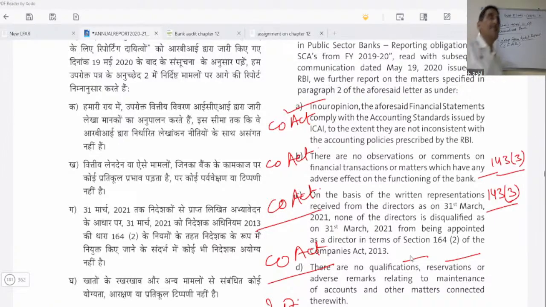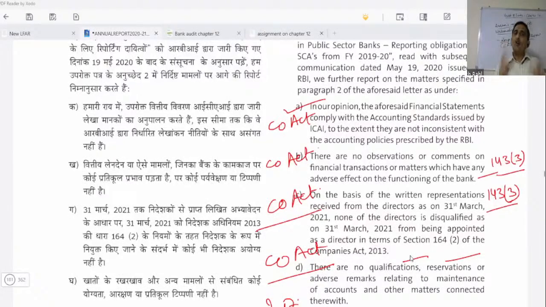So now, guys, we have seen how an independent auditor report of a bank looks like. Now we will also understand how long form audit report looks like. What are the questions asked from the auditor in a long form audit report, in a LFAR, which are to be answered by the statutory branch auditor.